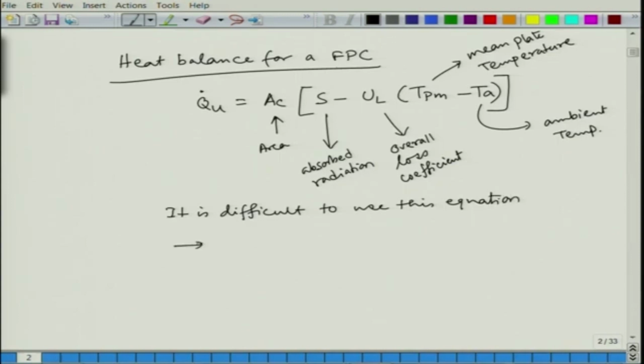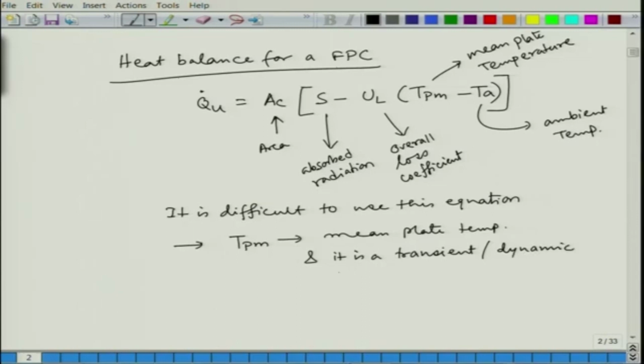First of all, this TPM, the mean plate temperature, is the difficult part, and it is a transient or dynamic quantity.